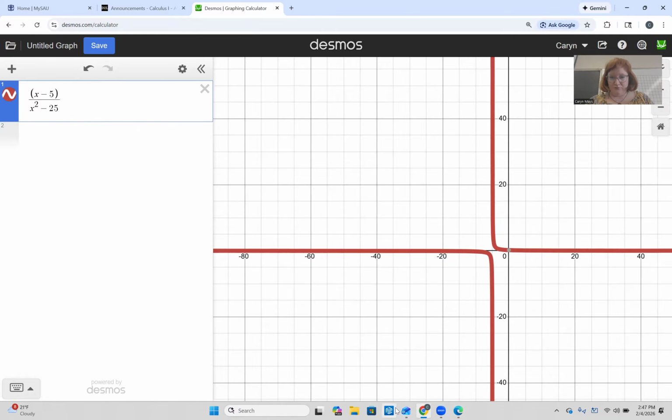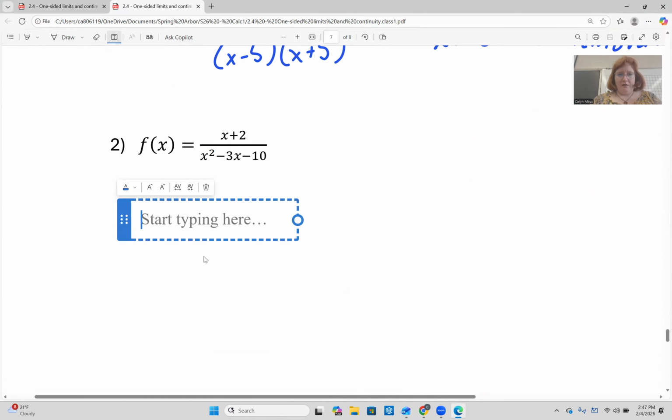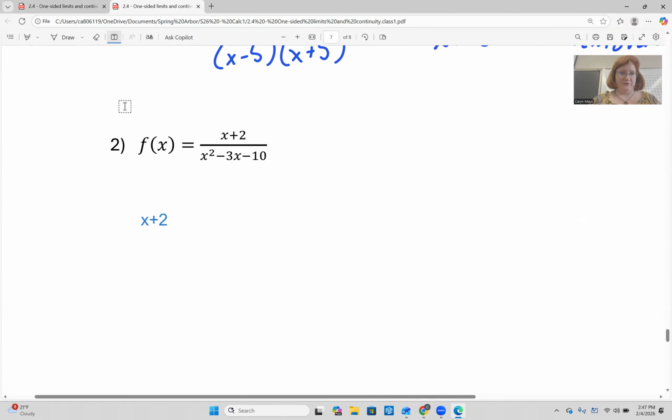Right, so let's look at another example. F of x equals x plus 2 over x squared minus 3x minus 10. How does that denominator factor? X plus 2, x minus 5.